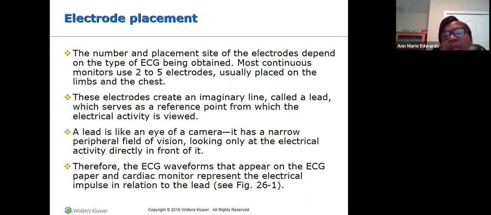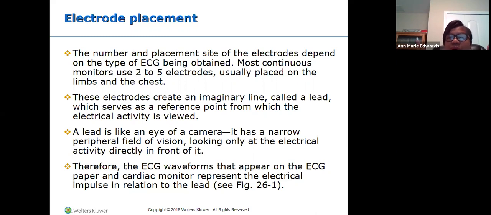The number and placement site of the electrodes depend on the type of ECG that you're trying to obtain. Most continuous monitors use 2 to 5 electrodes, and these are usually placed on the limbs and the chest. These electrodes create imaginary lines called a lead, which serve as a reference point from which the electrical activity is viewed. Now, a lead is like the eye of a camera.